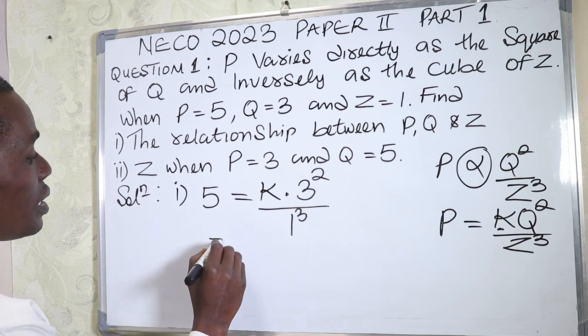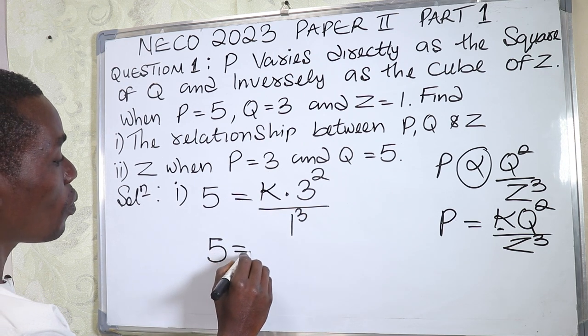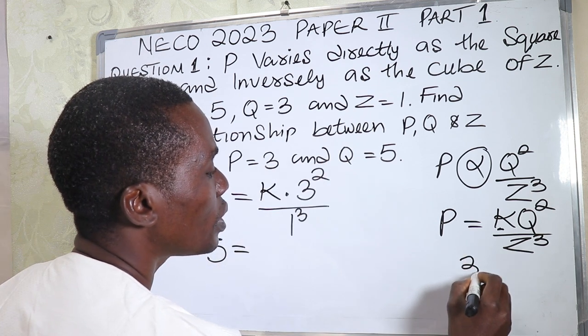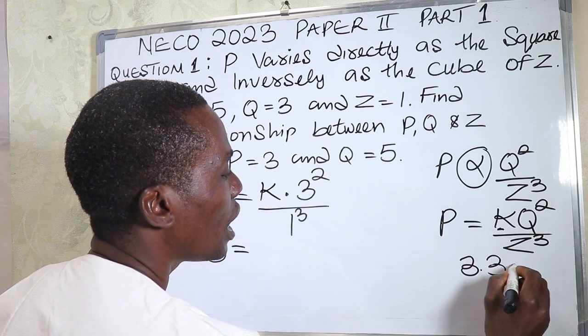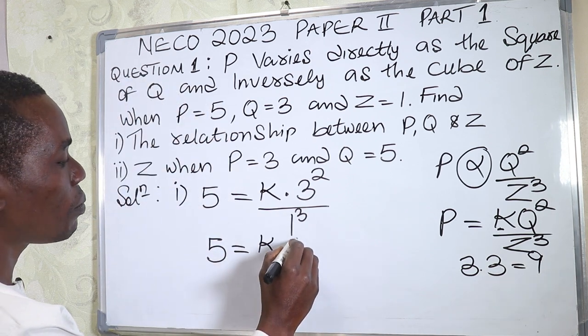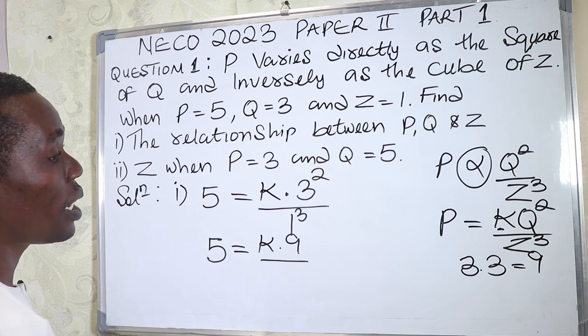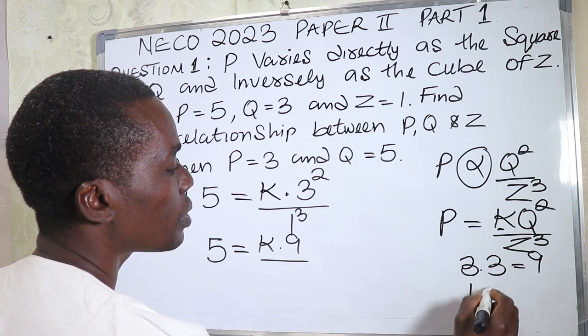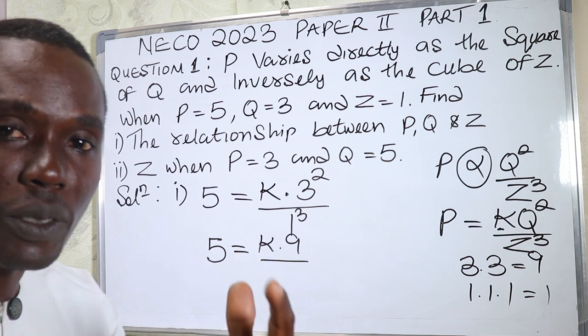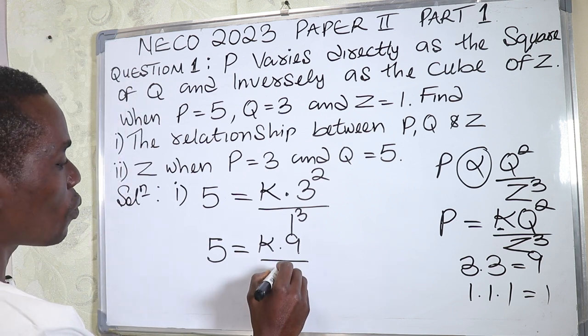Now, if we simplify this, we are going to have 5 equal to K times 3 to the power of 2, which is 3 multiplied by 3, that will be equal to 9. So that will give me K multiplied by 9 divided by 1 to the power of 3, which is 1 multiplied by 1 multiplied by 1, that will be equal to 1, right? Good, and that will give us 1.